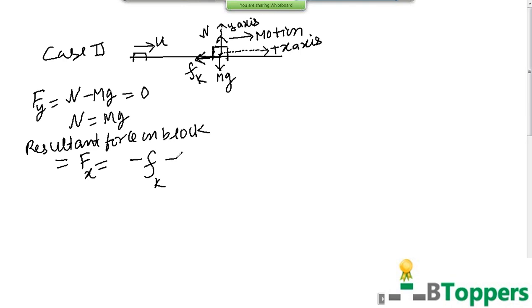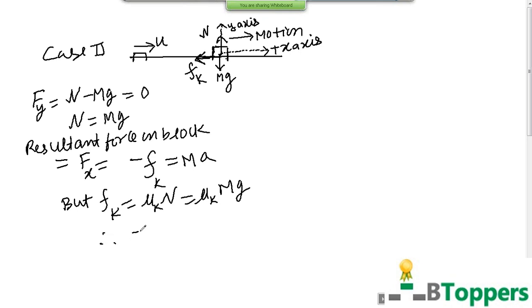From Newton's second law, the resultant force on the block can be written as the product of its mass and acceleration. The magnitude of kinetic friction Fk on the block by the floor can be written as mu k into N, or mu k into mg. So we substitute Fk equal to mu k into mg in the equation.